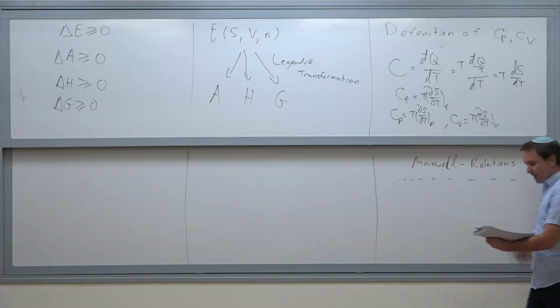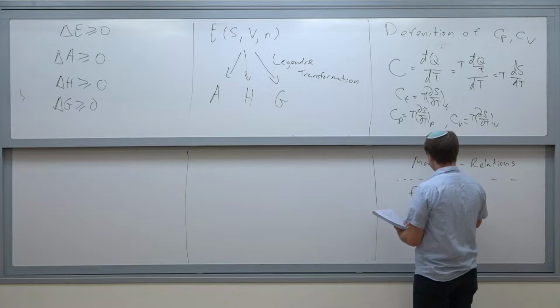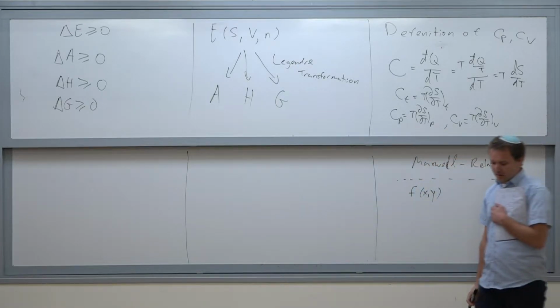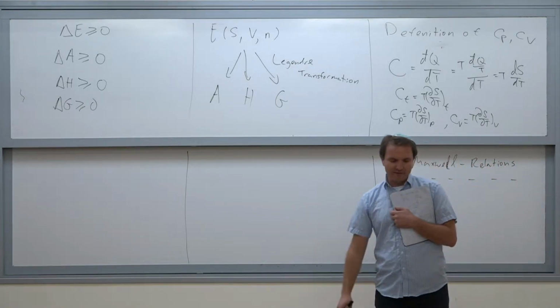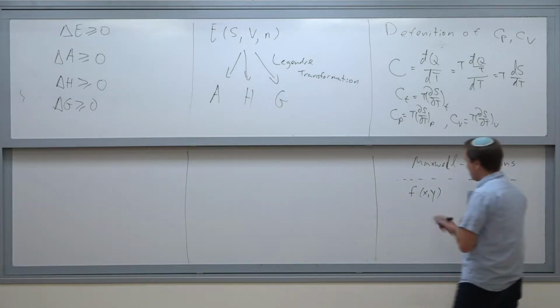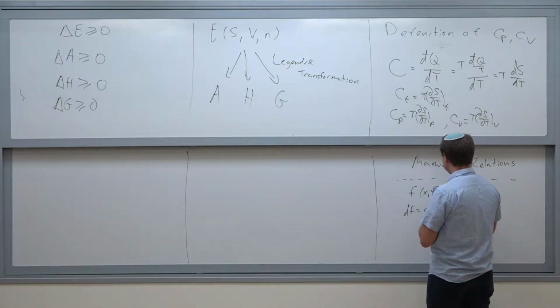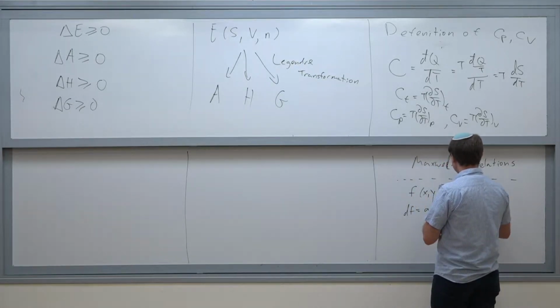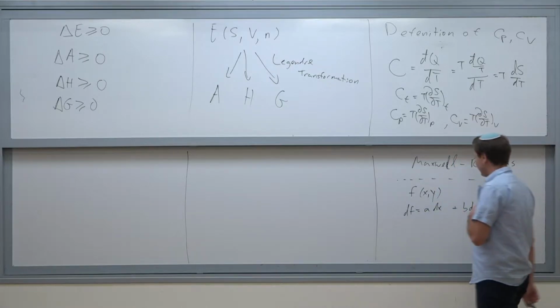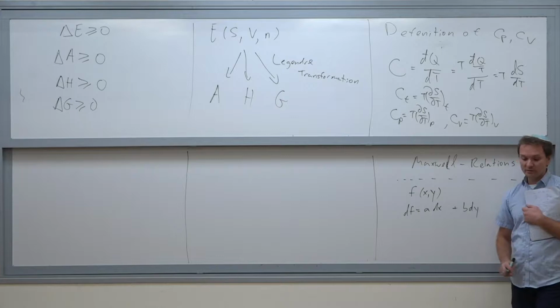For example, we have a function f of x and y. I assume it's continuous, and it has continuous derivatives, and a continuous second derivative, etc. So I can write its differential as df = A dx + B dy. Now, A is a function of x and y, and B is a function of x and y.